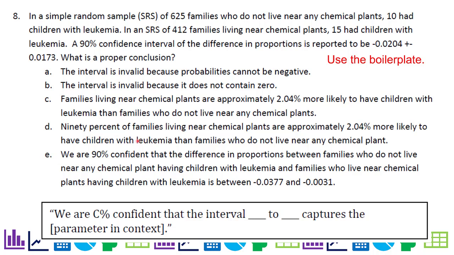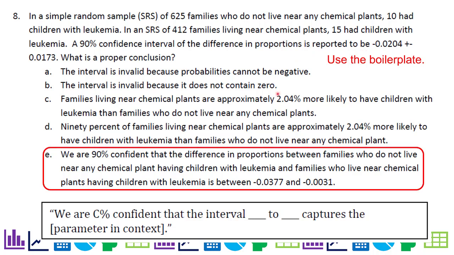And I should clarify, how did they get these two numbers? So the first one is negative 0.0204 minus 0.0173. And for the second one, you just add 0.0173 to the negative 0.0204. So the correct answer is E.